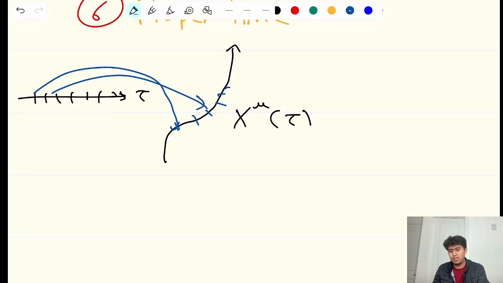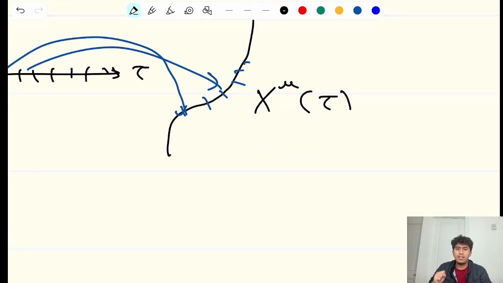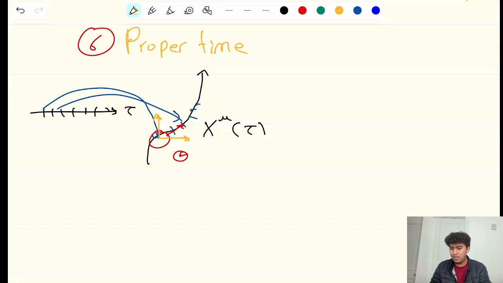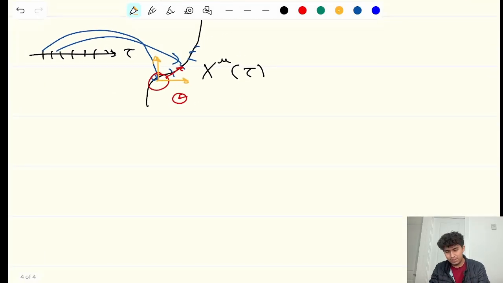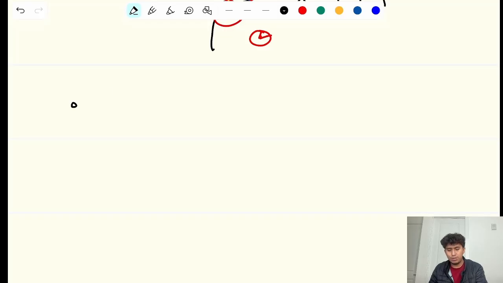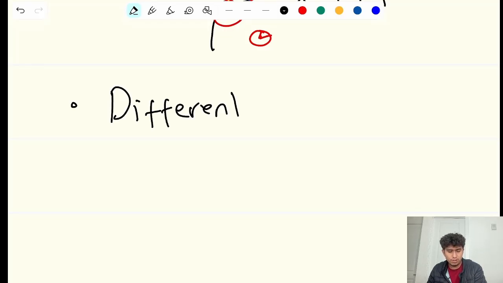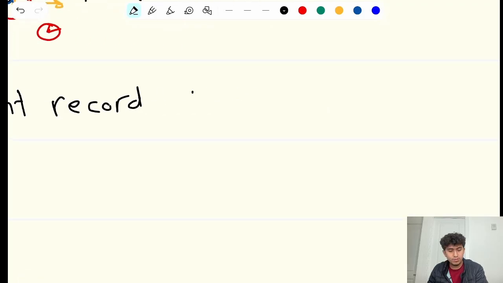That makes sense. Cool. So how is proper time defined? Proper time is a measure of time for whatever particle is traveling this path. Imagine the particle has a very fancy clock, and this clock is measuring time in its frame of reference, in which it is stationary. That's proper time. What I have in the notes will make more sense. We know different observers record different values for a time interval.